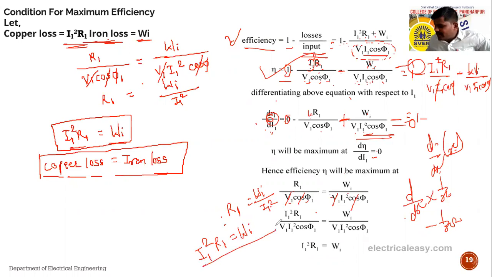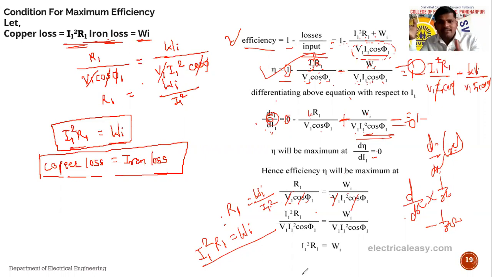What is I1 square R1? Copper loss. And what is Wi? Iron loss. That means the condition to get the maximum efficiency is that the copper loss is equal to the iron loss.